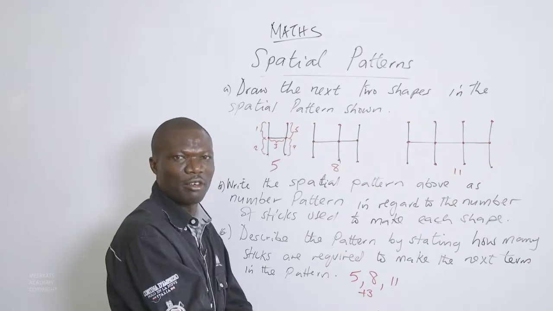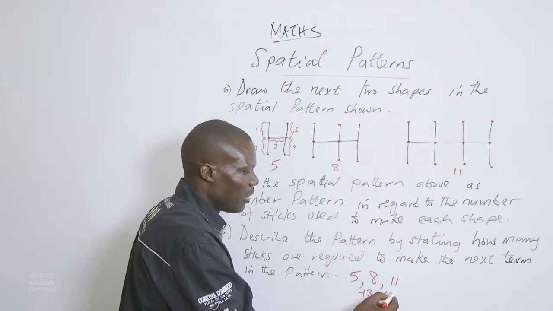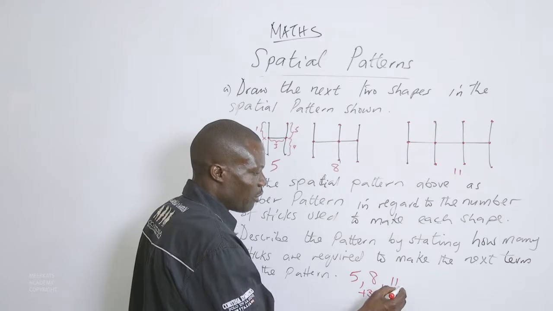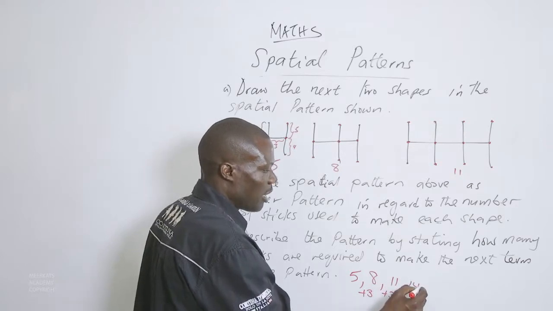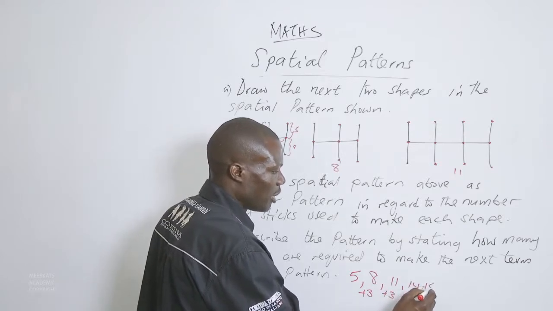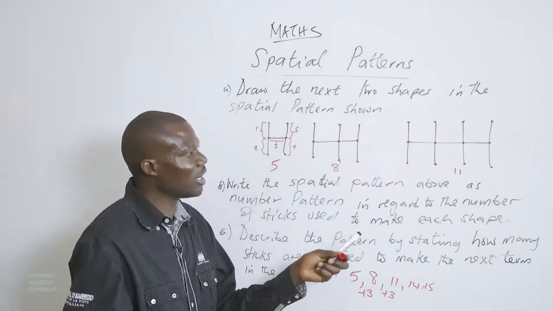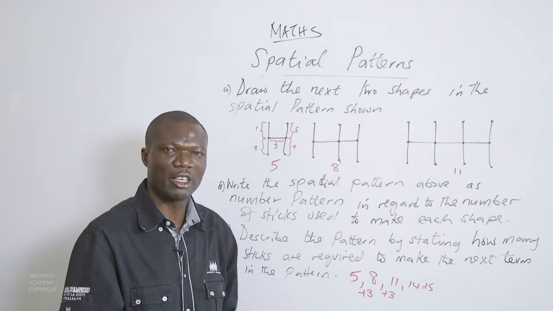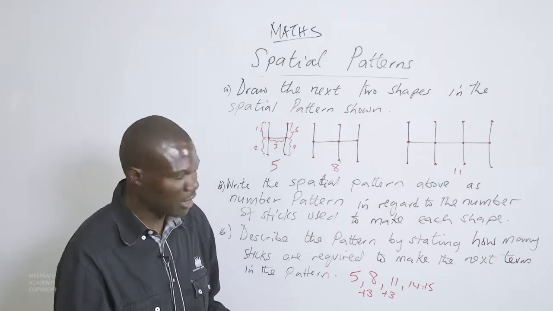For 8 to 11, we are adding 3, which means that for the next 2 shapes, we shall add 3 here to get 14, add 3 again to get 17. So the next shapes we are going to draw should agree with the pattern that we have. Let us confirm that.